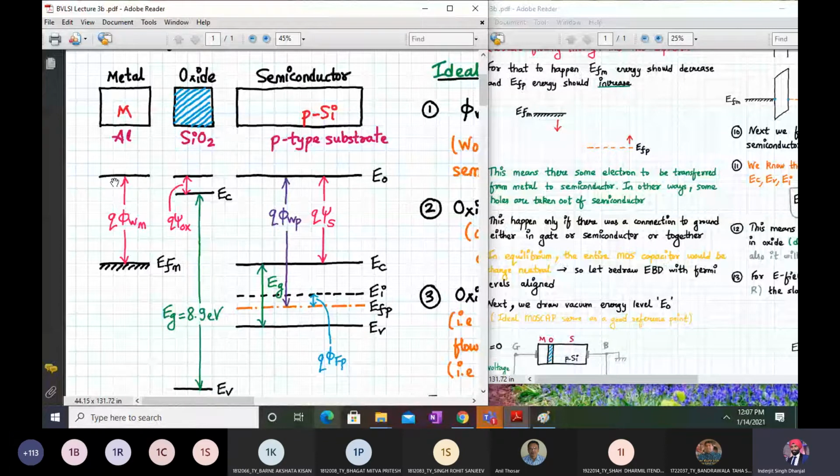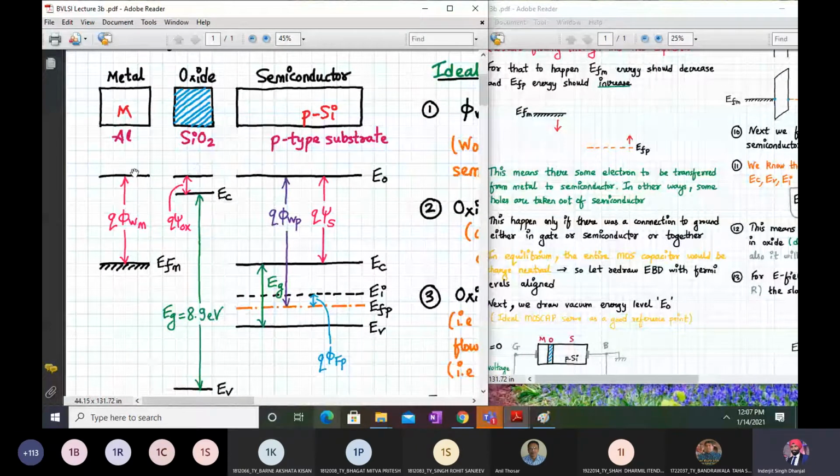That electron which barely came out of the material is at E naught. So E naught is your reference energy level, and electrons out of both the metal and the oxide are at the same vacuum energy level. I hope this point is clear.